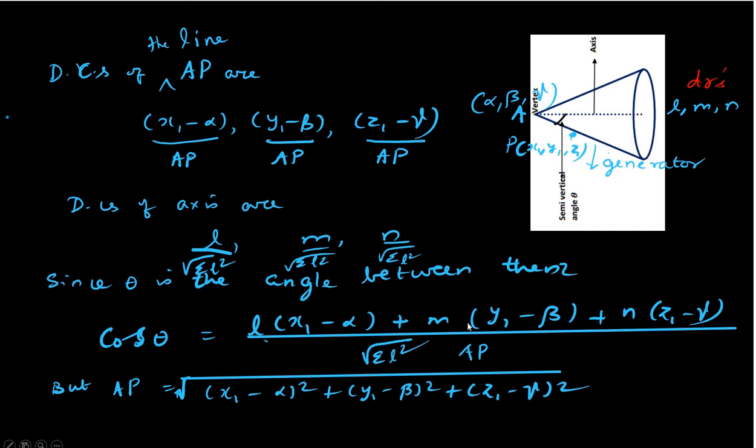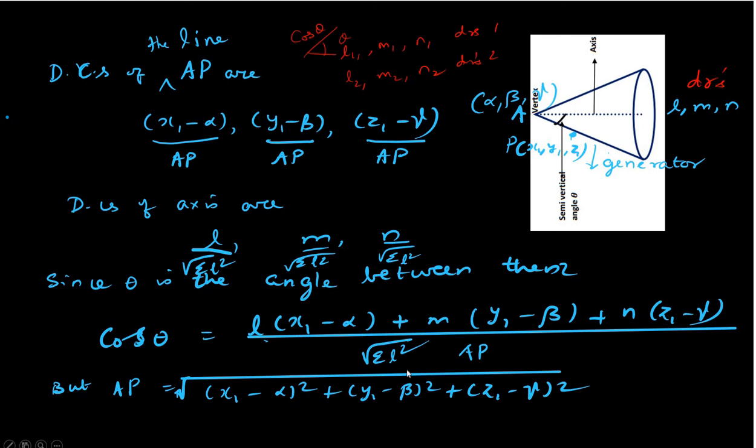See, if we have L1, M1, N1 as direction ratios of one line, and L2, M2, N2 as direction ratios of another line, this is for the first line, this is for the second line, and theta is the angle between those two lines, then cos theta is given by L1 L2 plus M1 M2 plus N1 N2 divided by square root of L1 square plus M1 square plus N1 square into square root of L2 square plus M2 square plus N2 square. That is the formula, and it is used here.